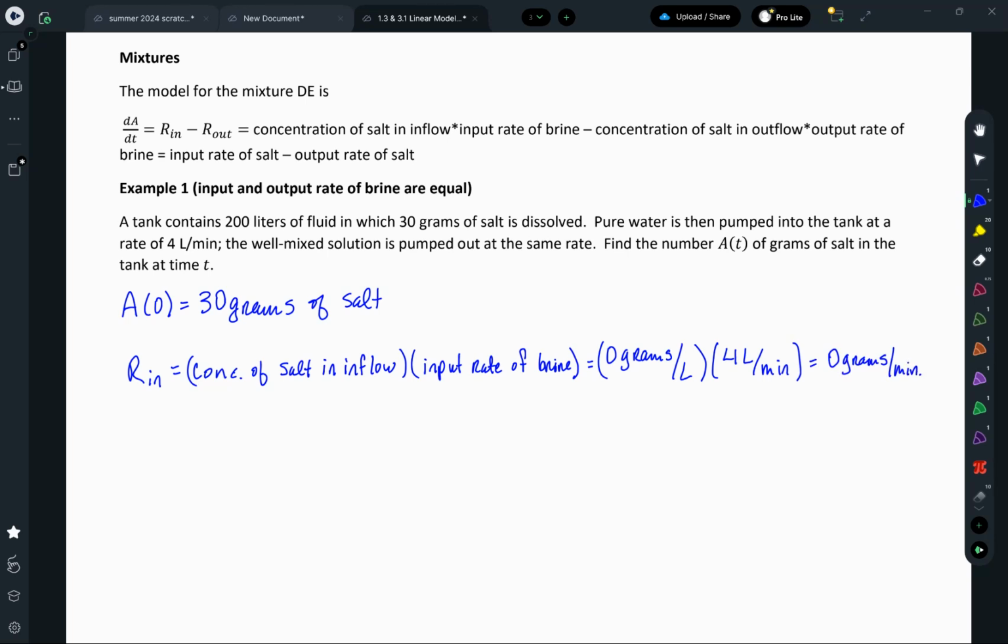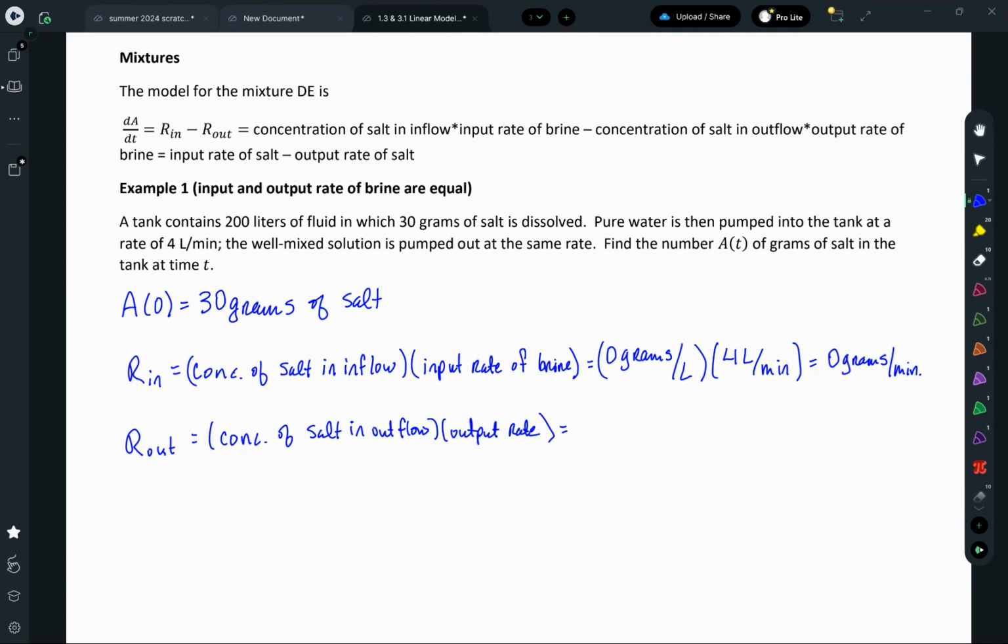Okay, the big R sub out. Again, we have the concentration of salt in the outflow times the output rate. Now the concentration of salt in the outflow, we have no idea. However, the tank has 200 liters.